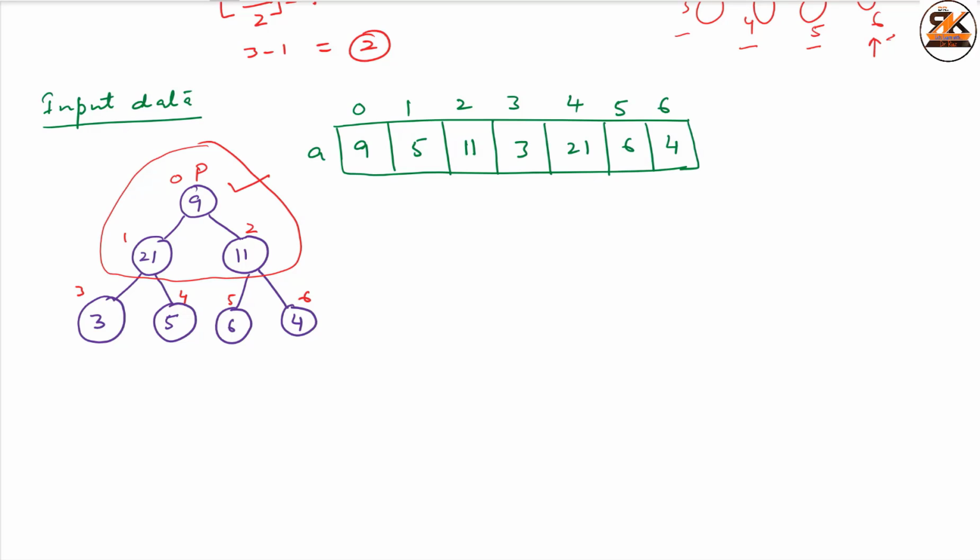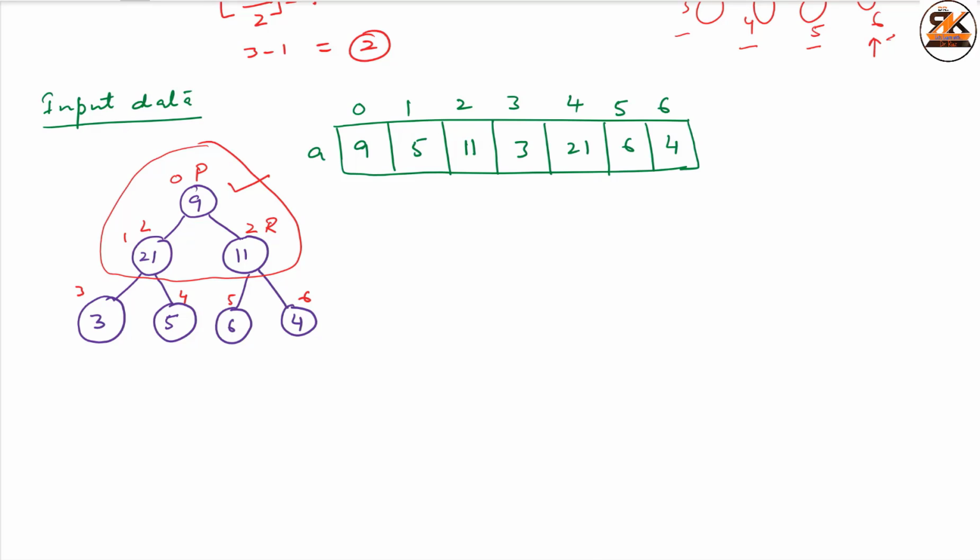Here we see this is the parent node and this is the left child, this is the right child. What we see here is both the children, left and right, have greater values than their parent. So we will take the greater value, that is 21, and here 21 will go up and 9 will come down.